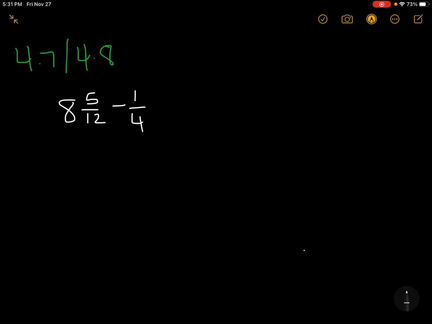The first thing that we could do is we could go ahead and find a common denominator between our fractions. I typically do this as a T-chart, putting one denominator on the top and the second denominator on the bottom, and I would list out the multiples until I found one that matched.